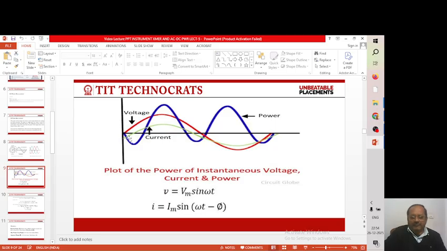We can see the amplitude of voltage is higher than the amplitude of current, but with respect to time, both waveforms are variable, not constant. So power will also vary.